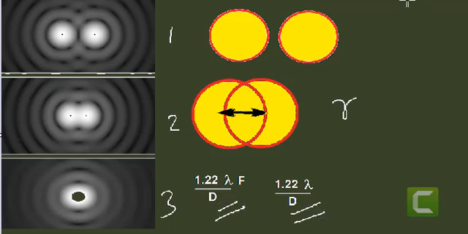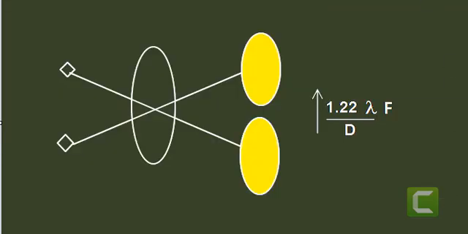Fine. Now take the case of a microscope. In a microscope, objects are kept at the same distance. So these are objects, object 1 and object 2. Say this is the distance D between the two objects. Now the first object will have its image, the central maximum.